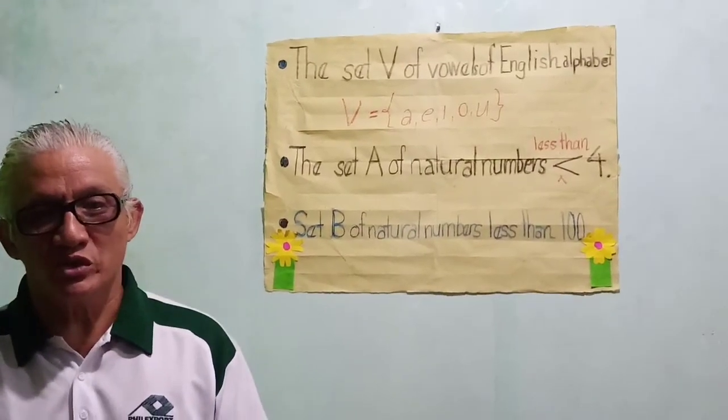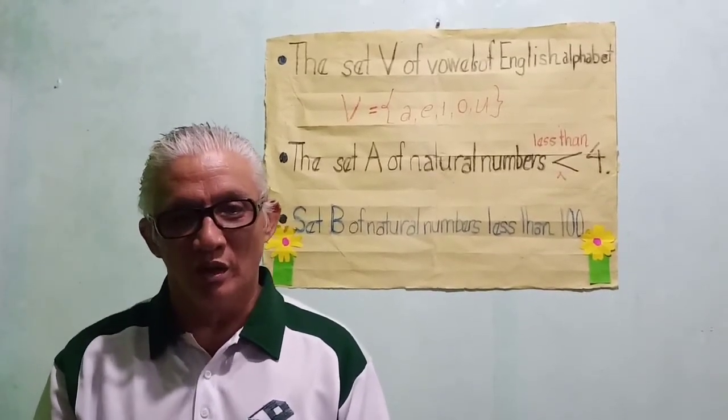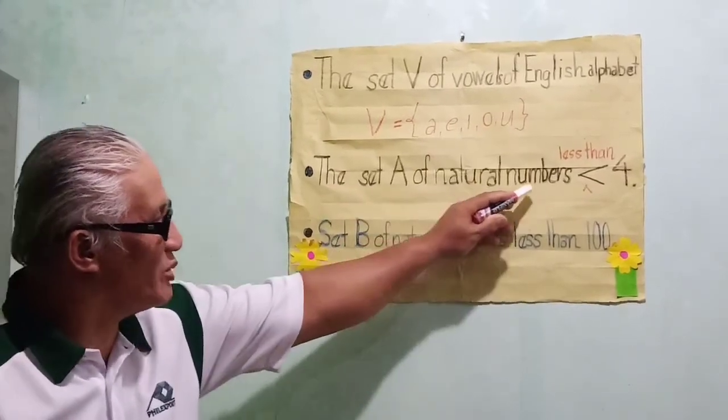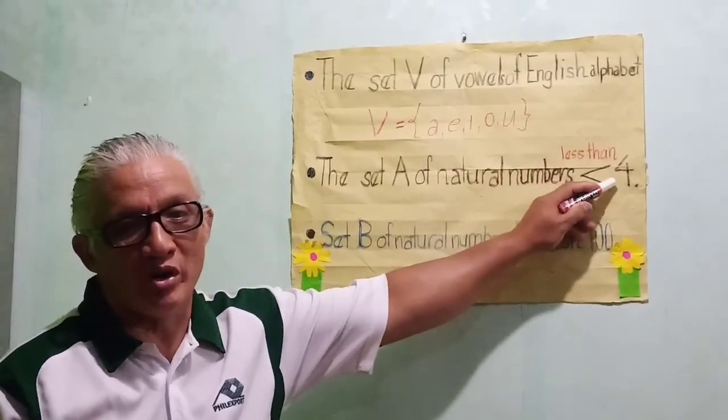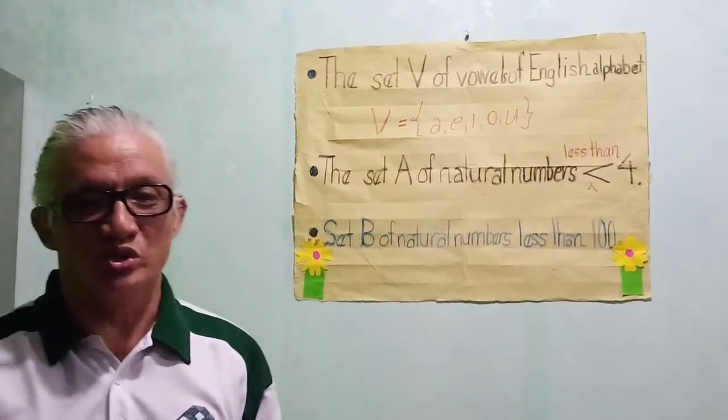Next, do the roster form for this in your math activity notebook. The set A of natural numbers less than 4. I'll go around to check your work.